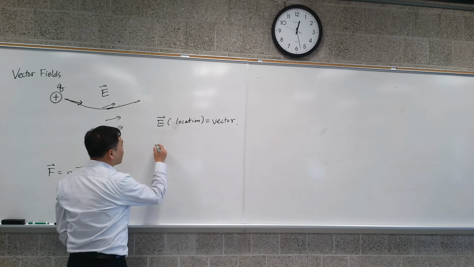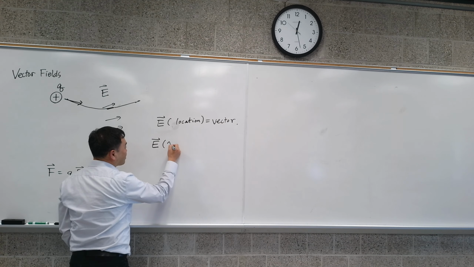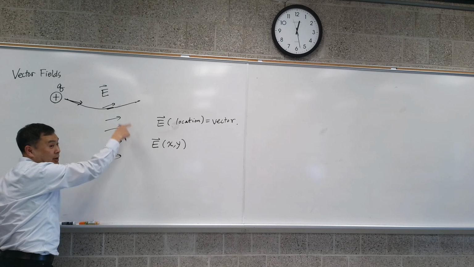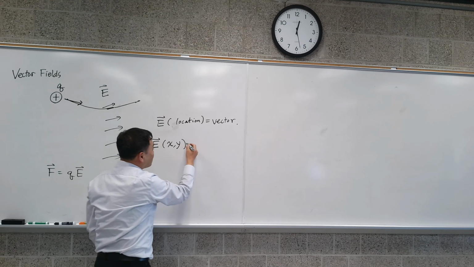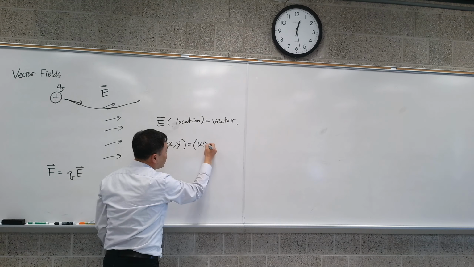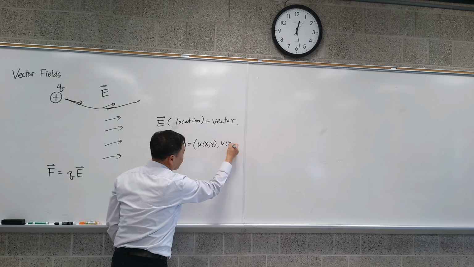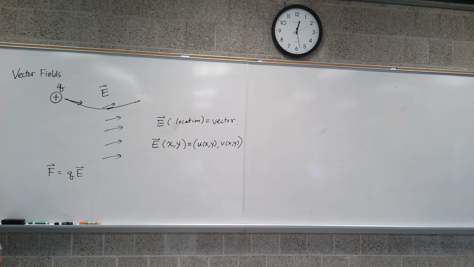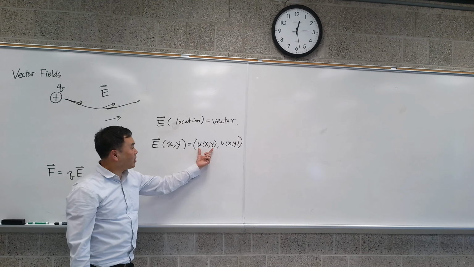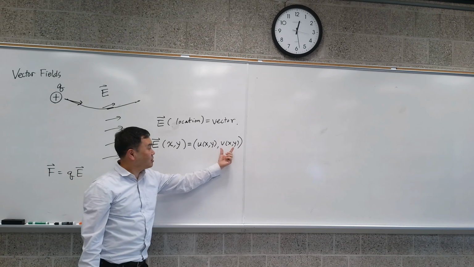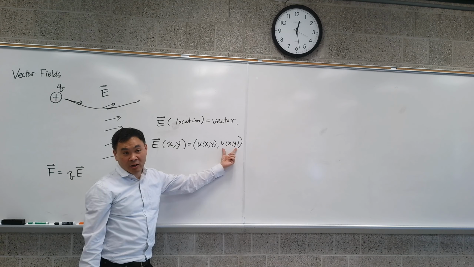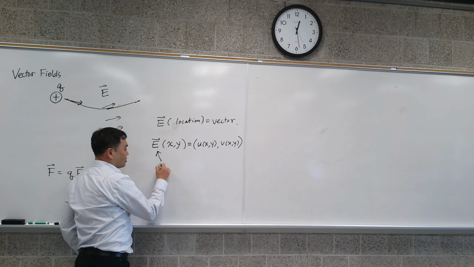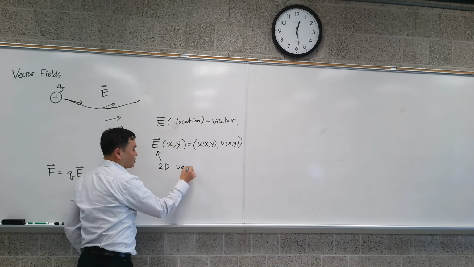In other words, E is a function that accepts two values, x comma y, the position in the space, and it's going to give you two numbers back. If you feed in two values, you get a function that gives you the x component, and a function that gives you the y component of the vector. And such an example is a two-dimensional vector field.